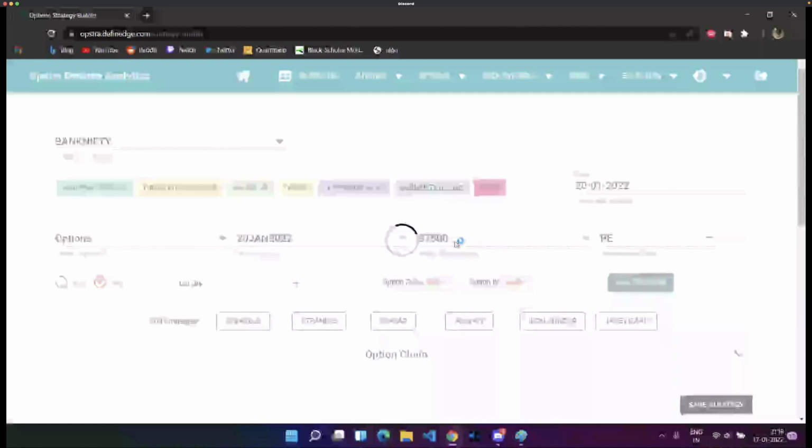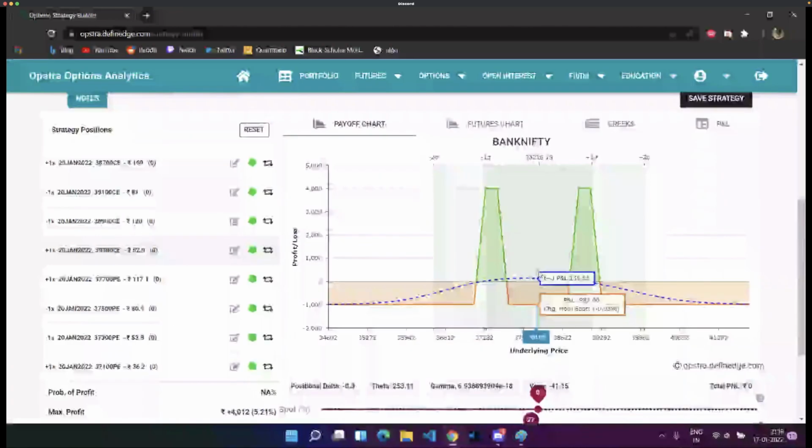It's too far, but yeah, not actually far. 36 rupees ka ye bhi option. So this is how it will look. $1,000 loss. Strategy goes bad. $4,000 profit. So it's a 1:4.